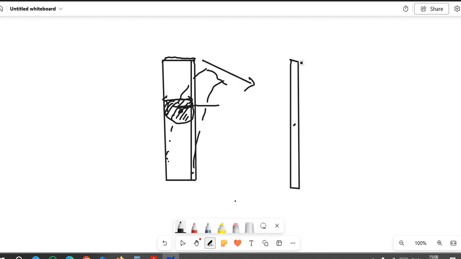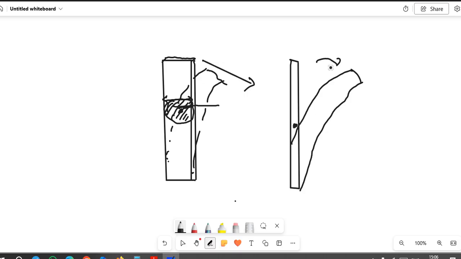Now if you bend it like this, it will bend easily, right? Because the area around the center of gravity in the direction of bending is smaller, the area distribution is smaller.